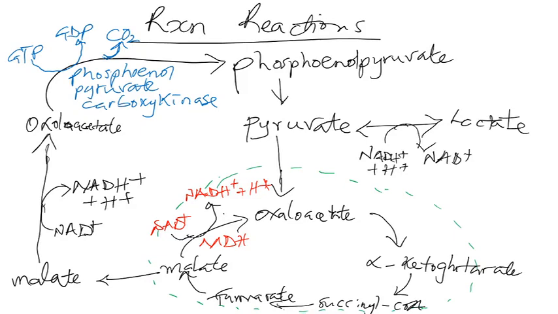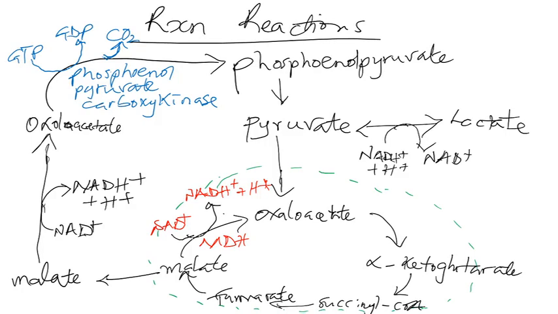So once we convert the pyruvate into acetyl-CoA, the acetyl-CoA enters the mitochondria, and in the mitochondria the acetyl-CoA combines with oxaloacetate to produce citrate. Then citrate is converted to all these intermediates: alpha-ketoglutarate, succinyl-CoA, fumarate, malate, and then back to oxaloacetate.